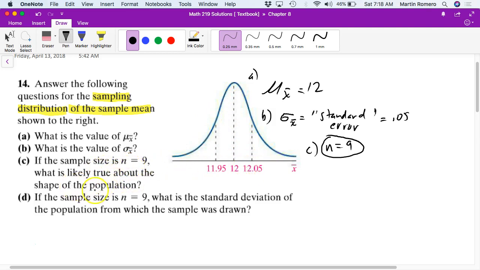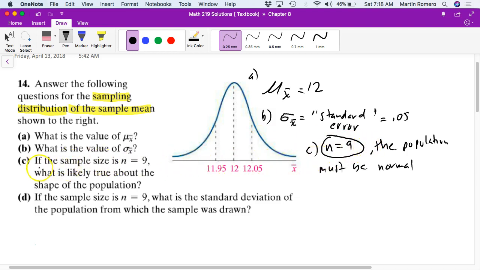So what's likely true about the population? Since we used a small sample, less than 30, and it produced a normal distribution, we assume that the population must be normal.